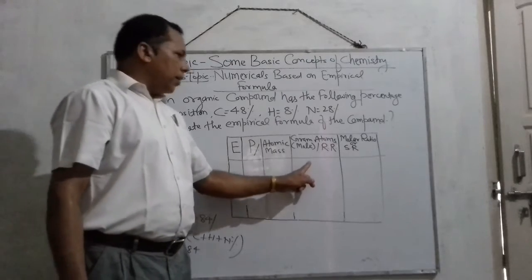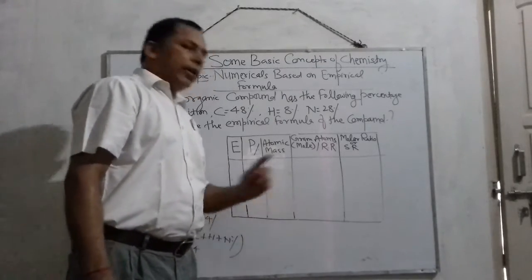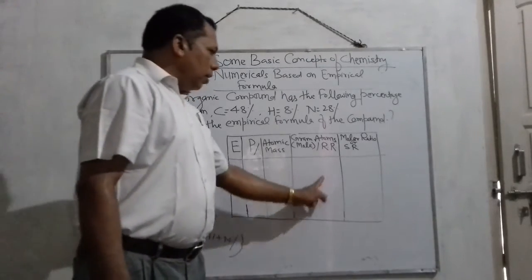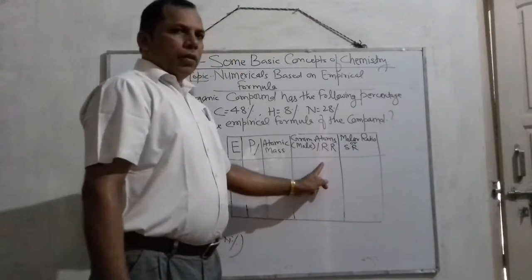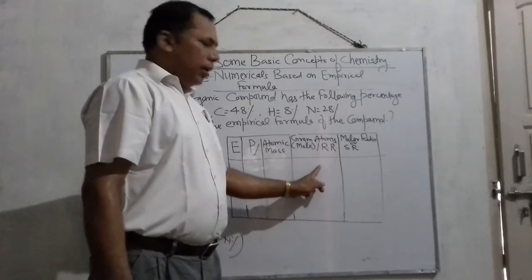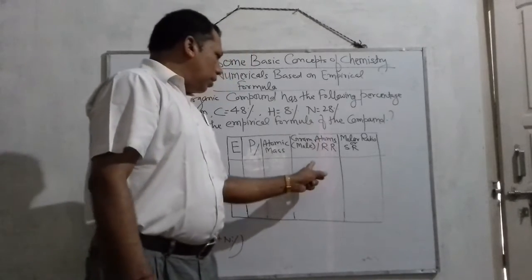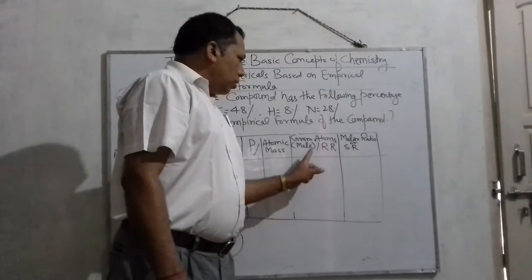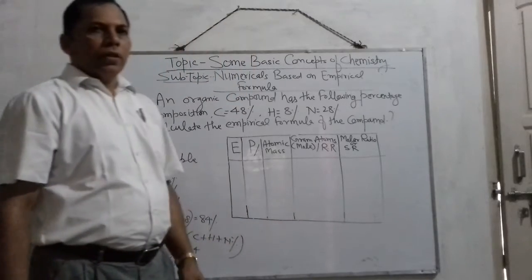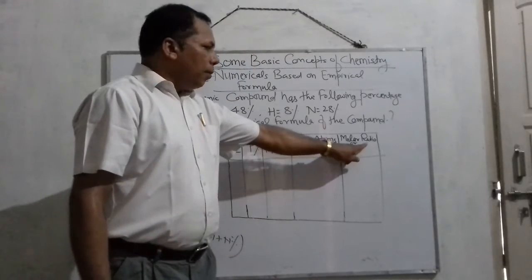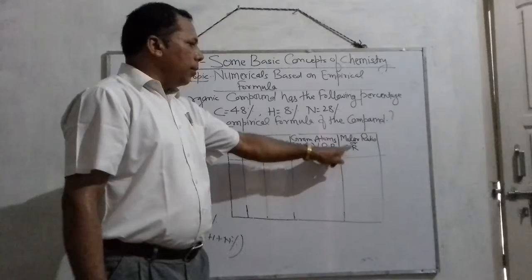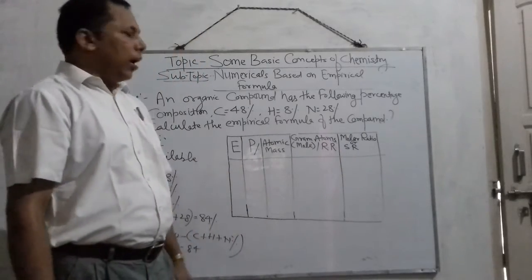After getting the relative ratio of each element, select the lowest number among these and divide it into all the moles of the elements. Then you will get the molar ratio or simple ratio of the elements.